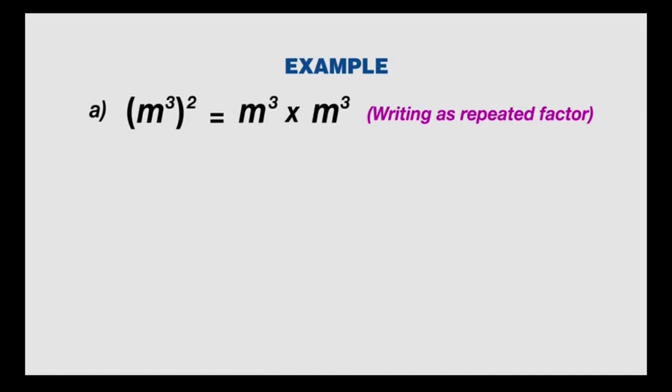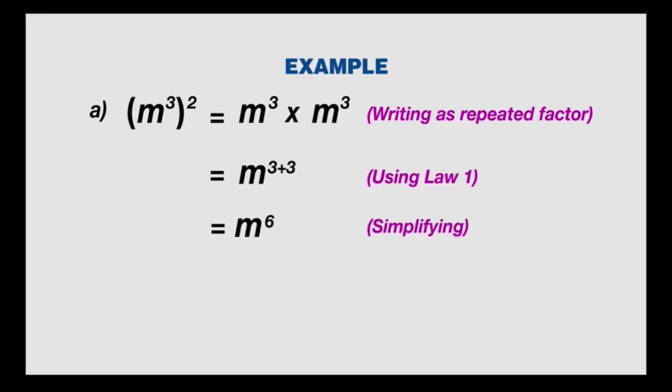Now we can write this as repeated factors, but we can also use our first law to just work m cubed times m cubed. And that will give us m raised to the power 3 plus 3, which is m raised to the power 6. And therefore, we are saying that m cubed all squared is equal to m raised to the power 6.